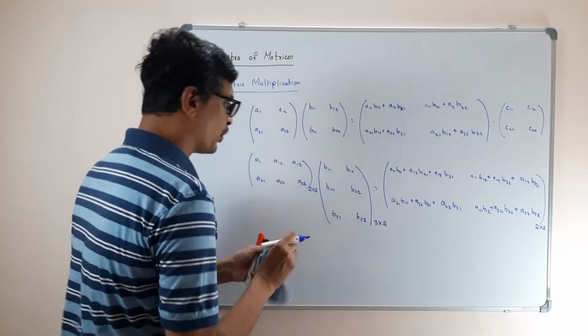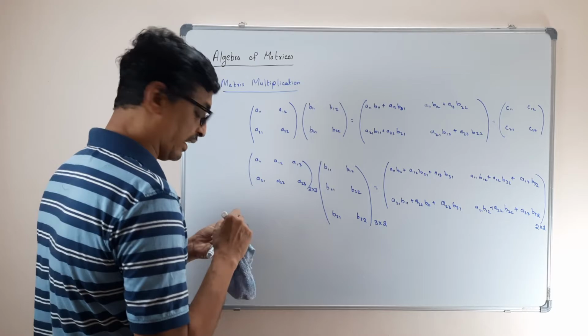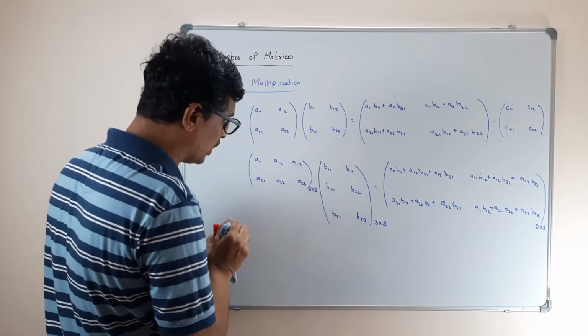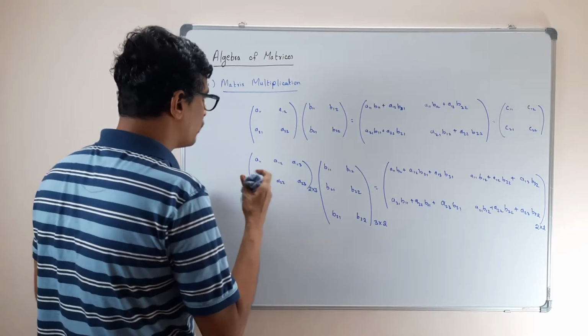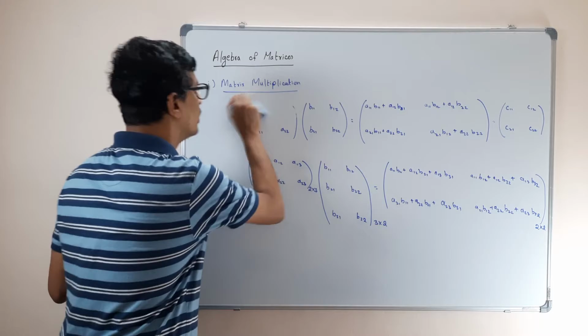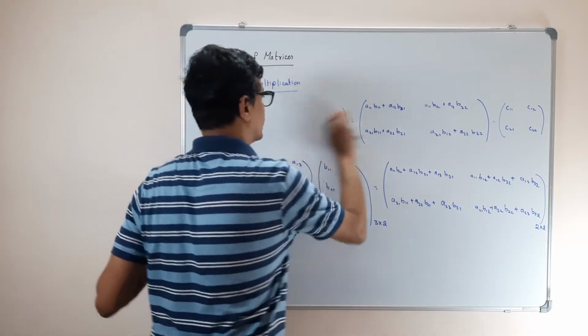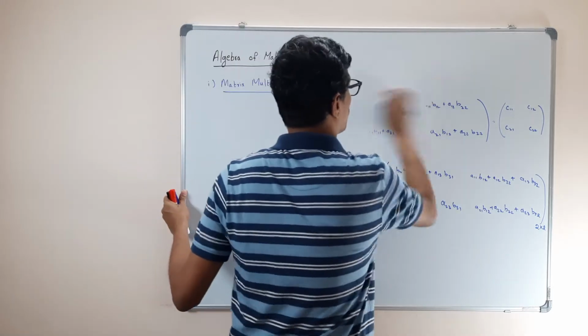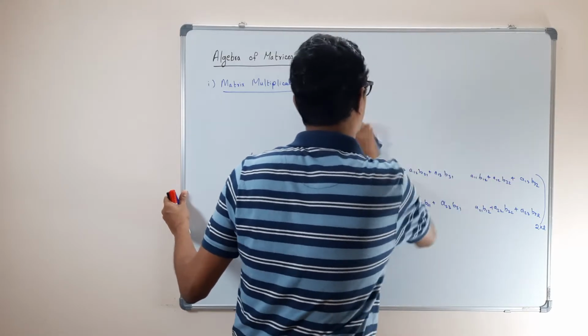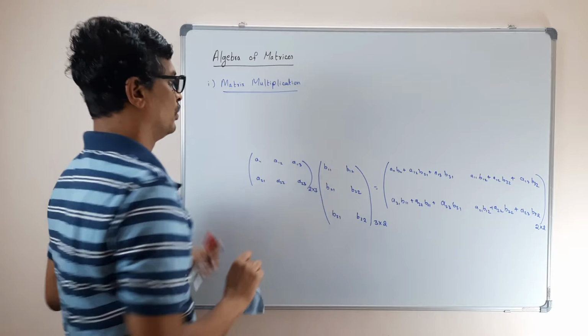So let us take one more example. By that you will become more clear. I want to make a more complex example. Though the board is small, I will not be able to do it.